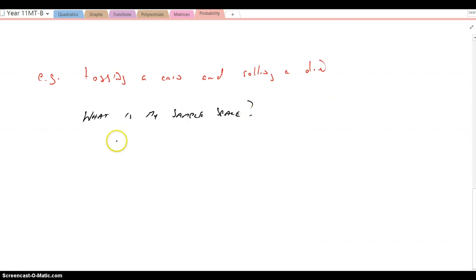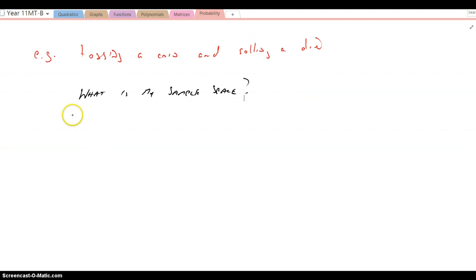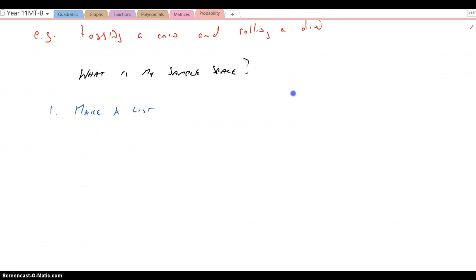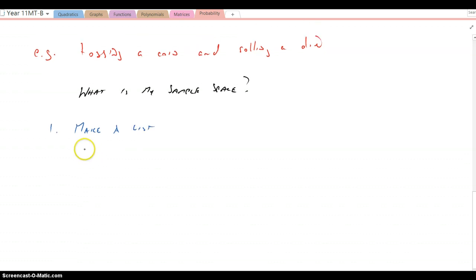Okay, well, these are my options. A really simple way is to make a list. This is option 1, make a list of all the options here. We're tossing a coin, well, that could be a head, and a die. Well, head 1, that's one of the options. And the best thing of doing this is just to start, and you'll get an idea. This is a fairly straightforward example, isn't it?